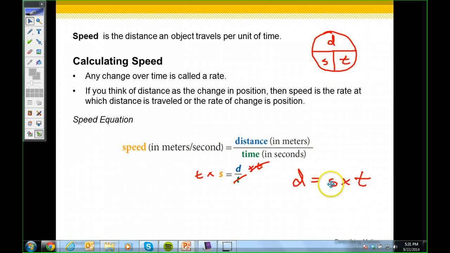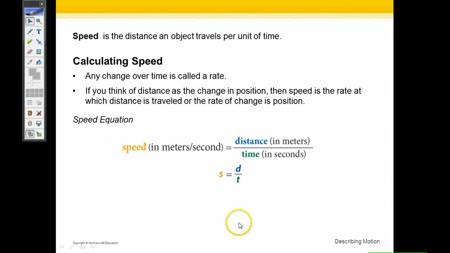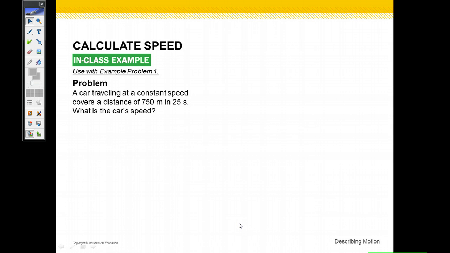If we do an equation in this format and rewrite it like that, covering up what we want to solve for mathematically shows us what we need to do. Speed, distance divided by time. Time, distance divided by speed. Distance, speed times time. So keep that in mind as we go to the next slide.